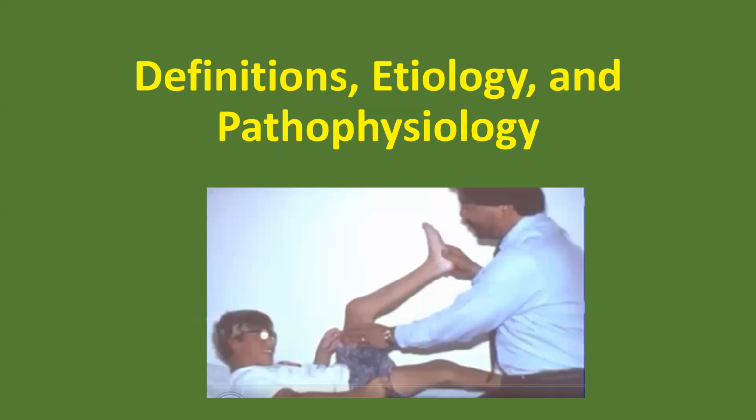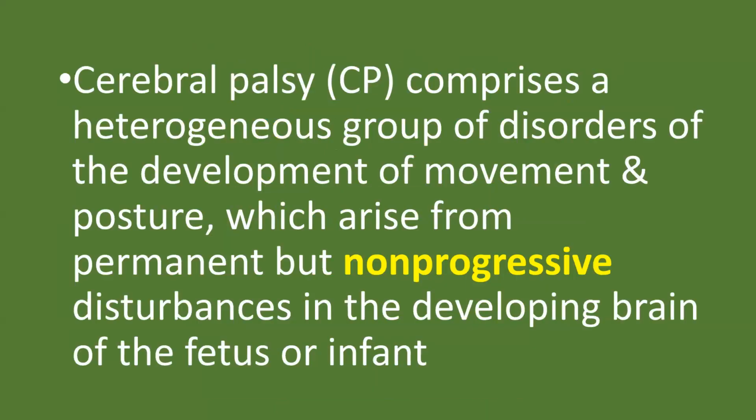What about the definitions, etiology, and the pathophysiology? Cerebral palsy, which I will be referring to as CP, comprises a heterogeneous group of disorders of the development of movement and posture, which arise from permanent but non-progressive disturbances in the developing brain of the fetus or infant.